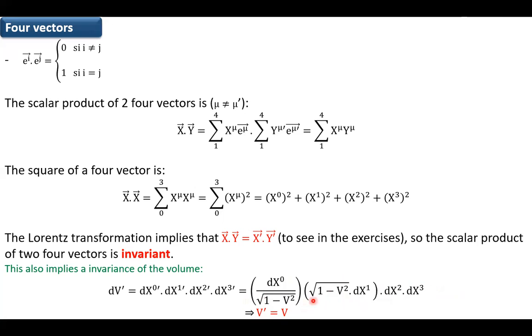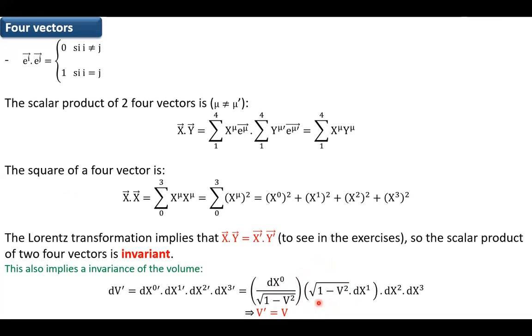So the volume is also an invariant, which means that the contraction of lengths and the dilation of time are done at the same rate. So you dilate your time as much as you contract your distance. When you travel at the speed v, you are dilating your time by the same rate as you are contracting your distances.